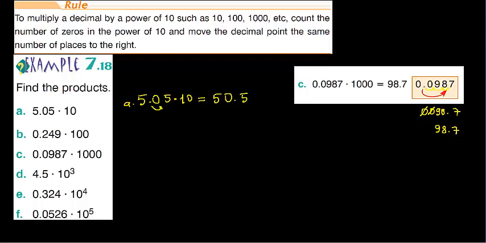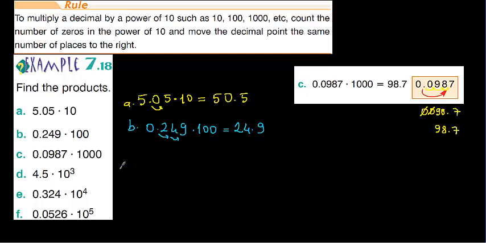Or for the second one, 0.249 times 100, we are going to move 2 units right, 1 and 2. When you write the decimal point, the term becomes like 0.24.9, but if there is no decimal point, you cannot write the digit 0 in front. That's why it's going to be equal to 24.9.